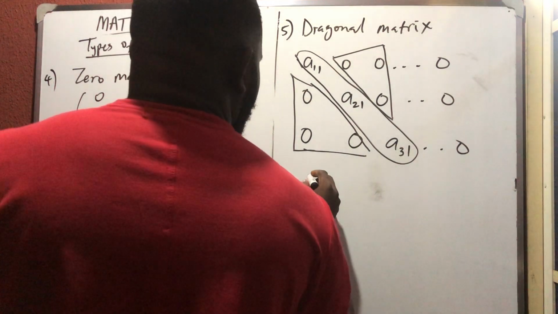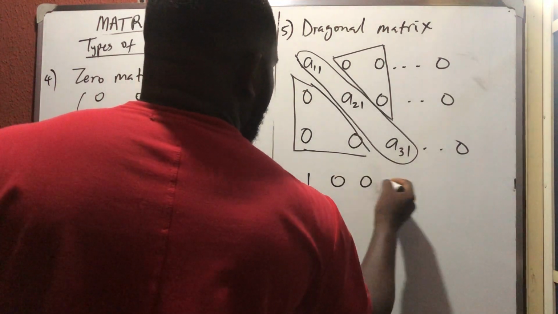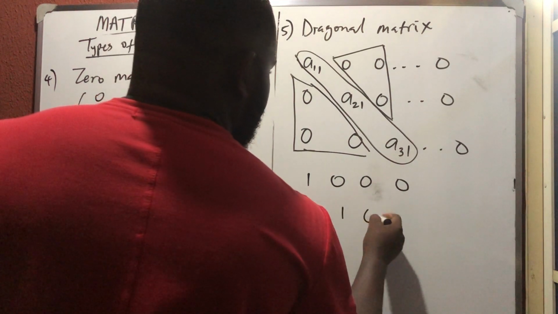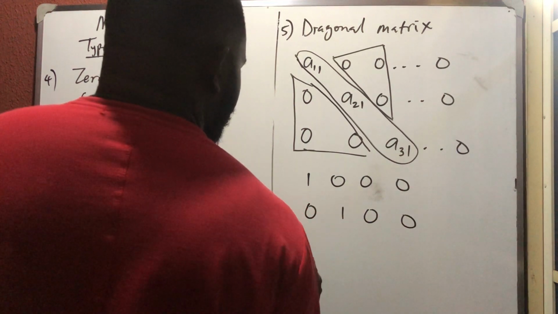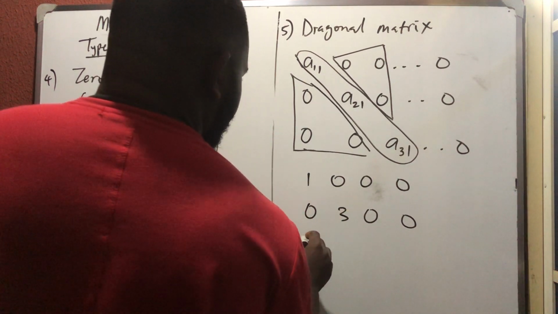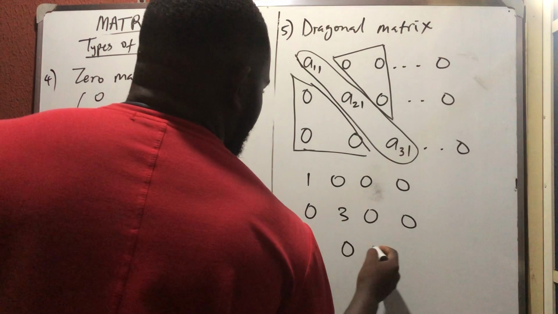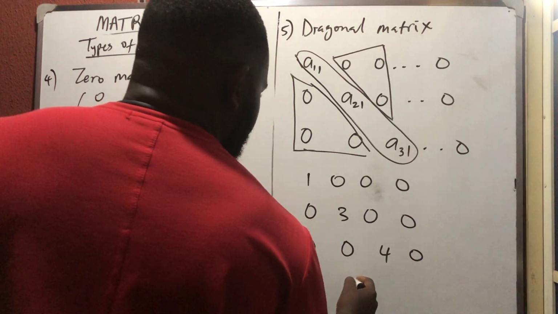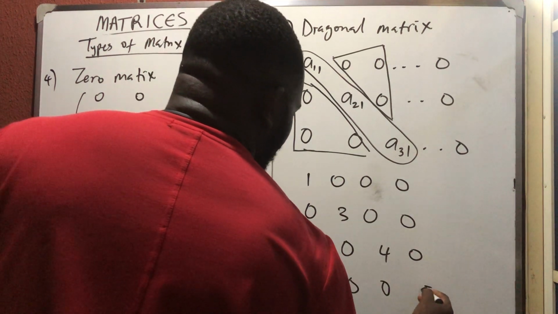For example, I'm going to have 1, 0, 0, 0. Then 0, 1, 0, 0. Then 0, 0, 3, 0, or anything I like. Then 0, 0, 4, 0. Then the last one, 0, 0, 0, 5.